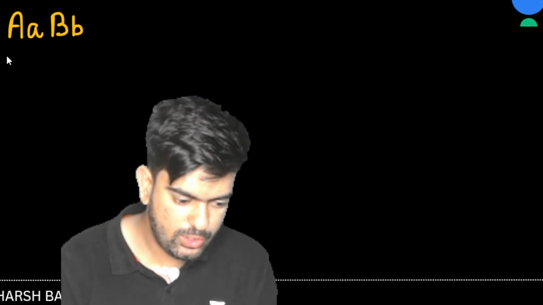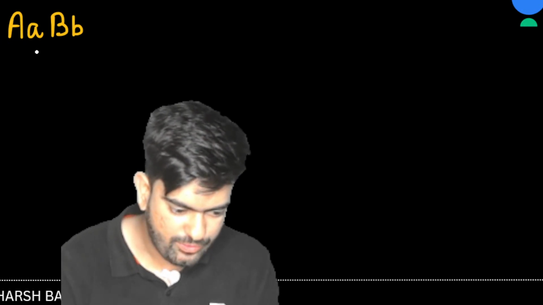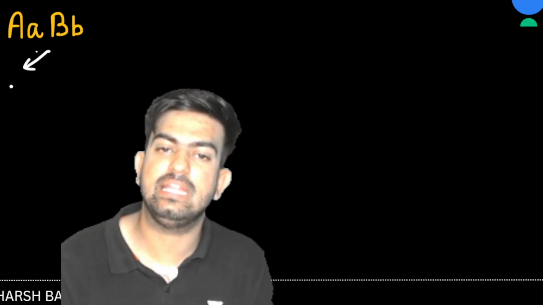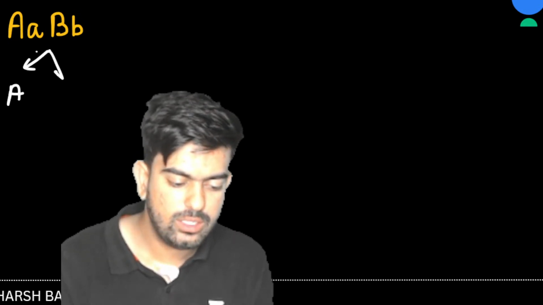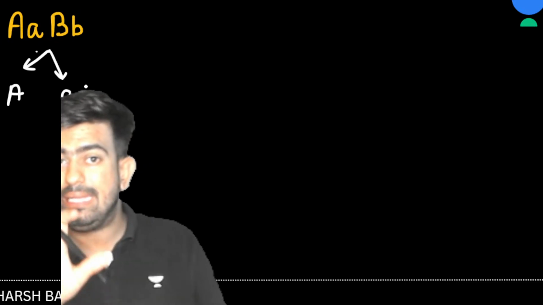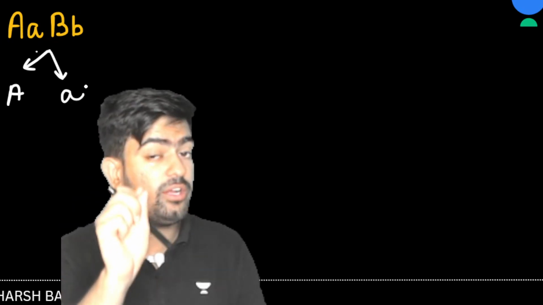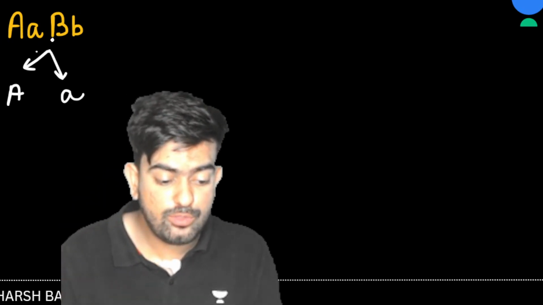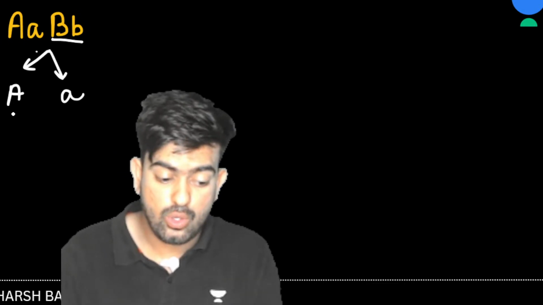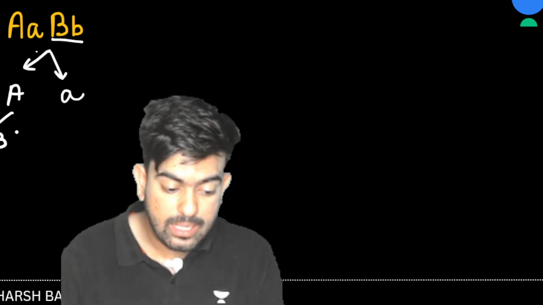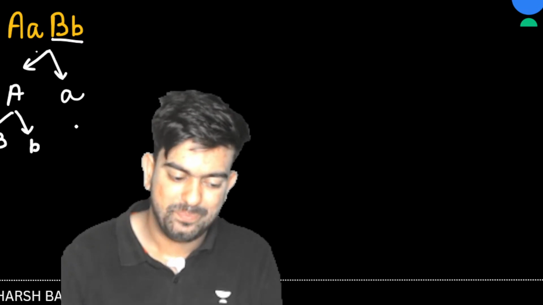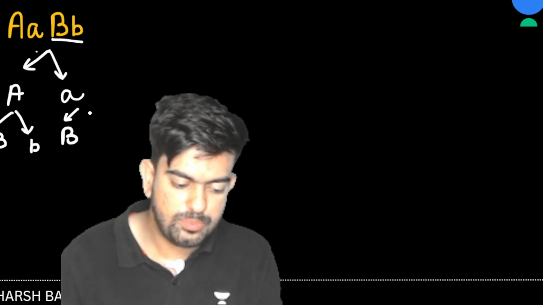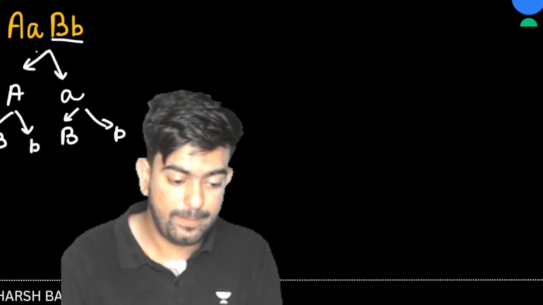First of all, bifurcate them. We have capital A and we will have small a. Done. Now see, this is the crucial step. This is also a heterozygous condition. So bifurcate here capital B, small b, capital B, small b, and now make the gametes.